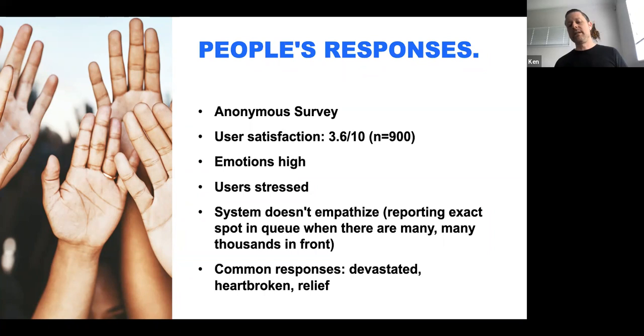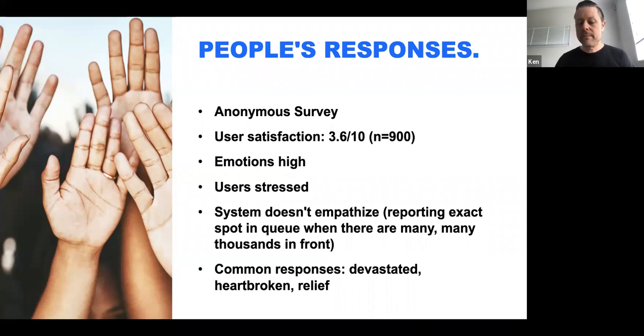And this system doesn't exactly empathize. It reports your exact spot in the queue, and literally there are tens of thousands of people in front of you waiting for maybe a couple thousand rooms. So the common user response is devastation, they're heartbroken, and potentially relief that they actually do get a room at the end of this.